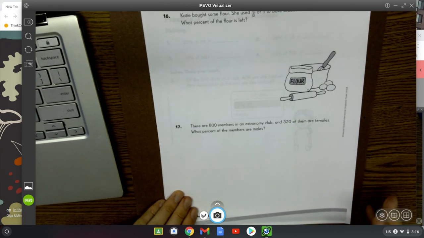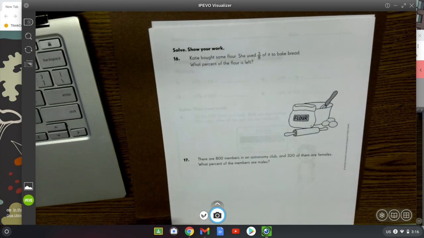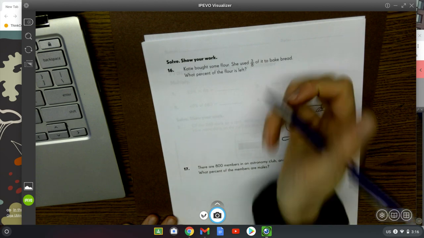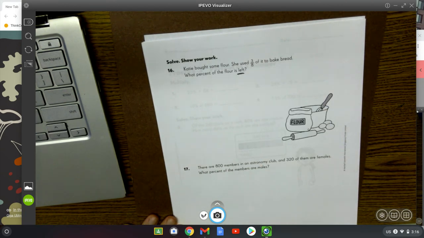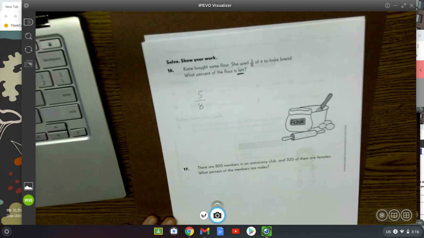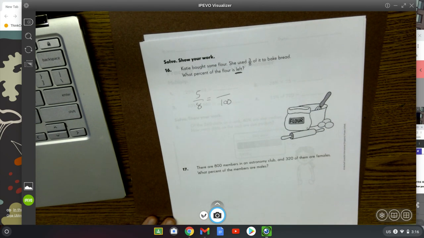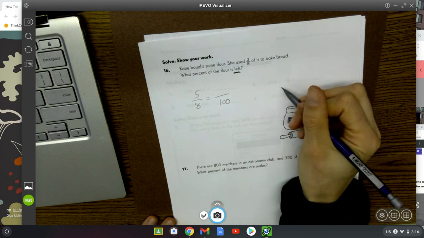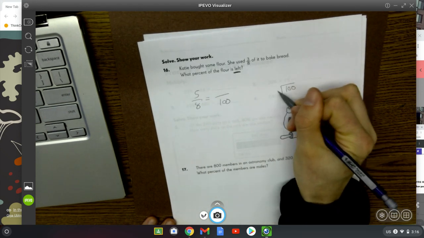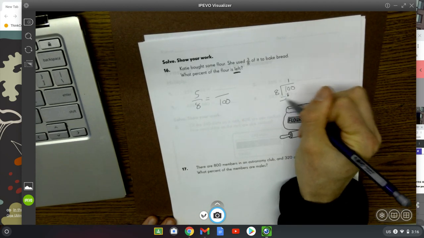All right, Katie bought some flour. She used 3/8 of it to bake bread. What percent of the flour is left? Important. We have 5/8 left. Now, 8 does not go into 100 very easily. But we can do it, right? 100 divided by 8. 8 goes into 10 once. 8. 2.